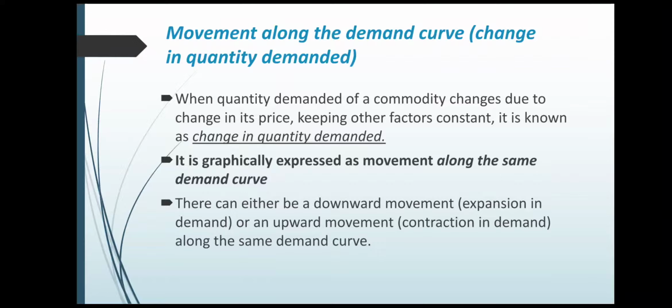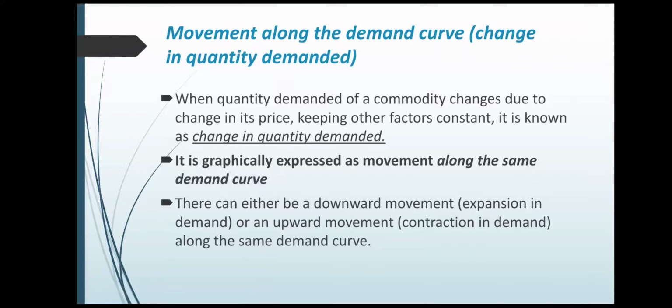When quantity demanded of a commodity changes due to change in its price, keeping other factors constant, it is known as change in quantity demanded. So in law of demand also we have studied that there is an inverse relationship between price and quantity demanded, keeping all the other factors constant.